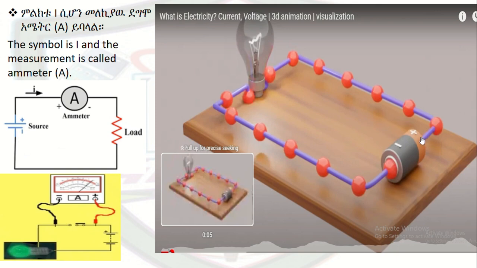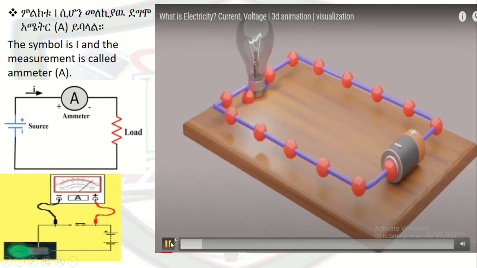When there is a voltage source, as you can see here, this voltage is used to push the electrons. When the electrons flow through this resistance or load, the light turns on, showing the presence of current. What I mean by current is the flow of electrons in a conductor.